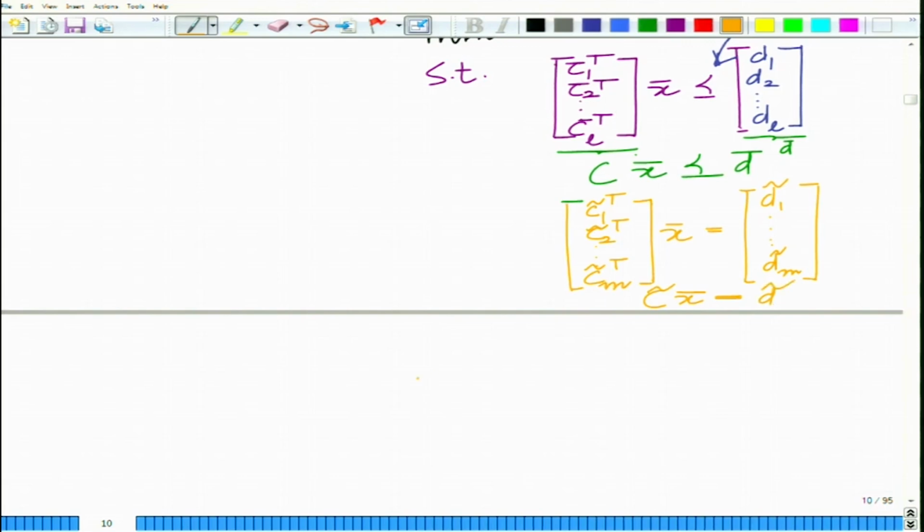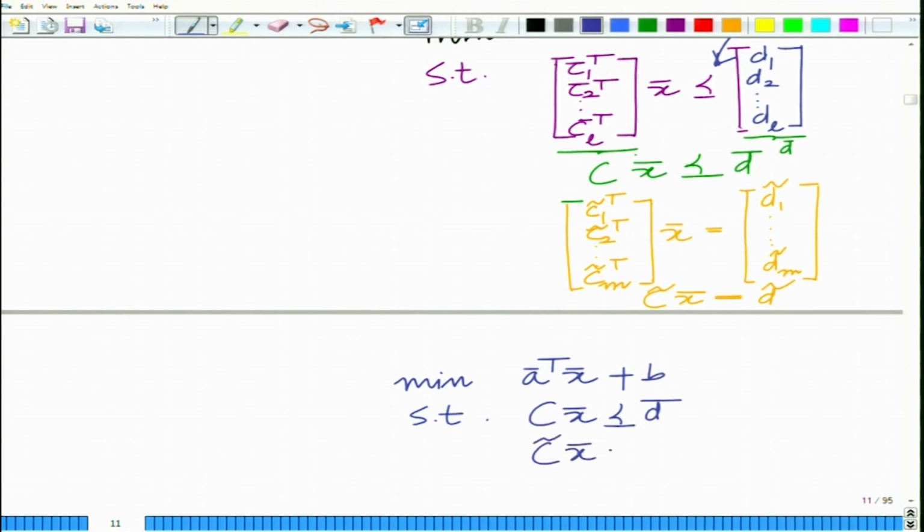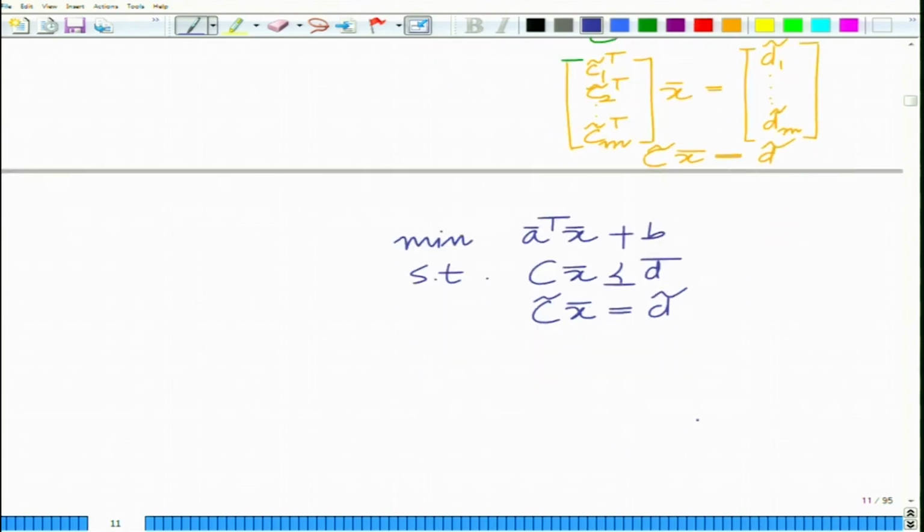And therefore, this can be written in compact form as follows: minimize a bar transpose x bar plus b subject to C x bar component wise less than or equal to d bar and C tilde x bar equals d tilde.